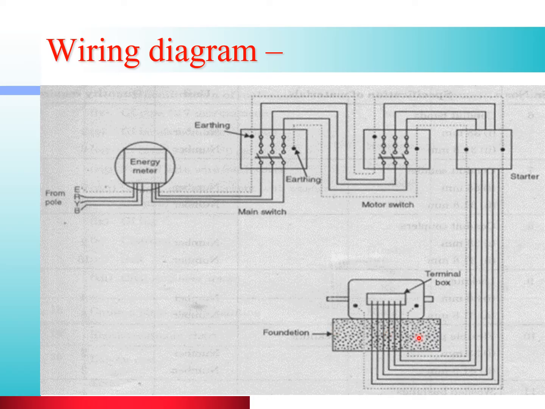This is the motor foundation and this is your three-phase induction motor where we will connect this supply. So this is the generalized wiring diagram for single three-phase 10 horsepower induction motor. Same wiring diagram you can draw for the 5 horsepower induction motor.